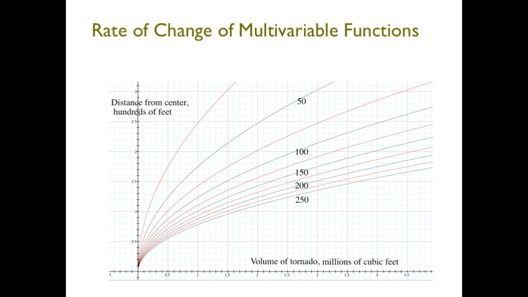Okay, so then what about rate of change? First of all, say you have a 2 million cubic feet tornado, and you're 200 feet from the center. What is the wind speed there?